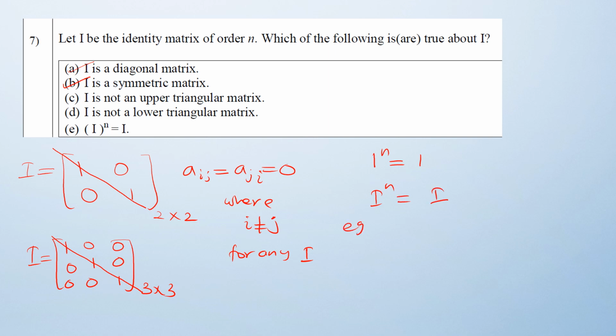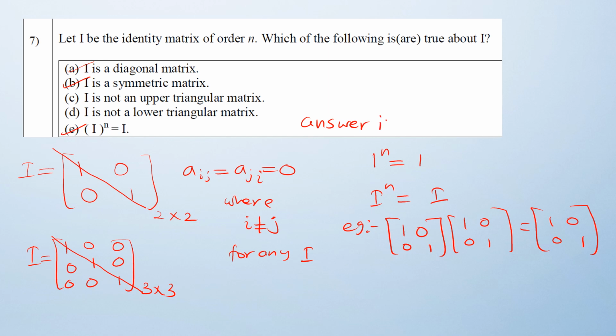For example, when we multiply the 2 by 2 I by itself, what we get is 1001, same I. So the answer is A, B and E.